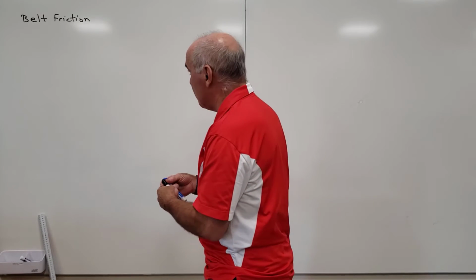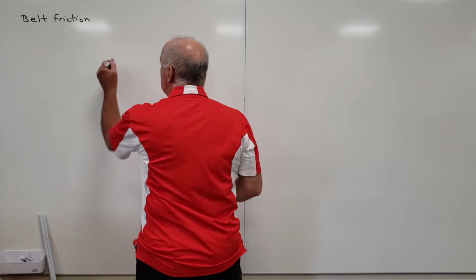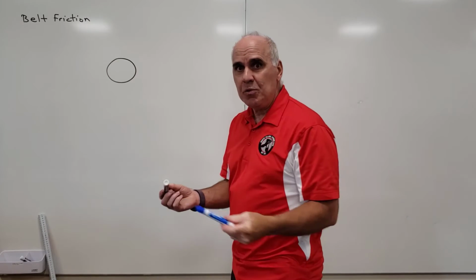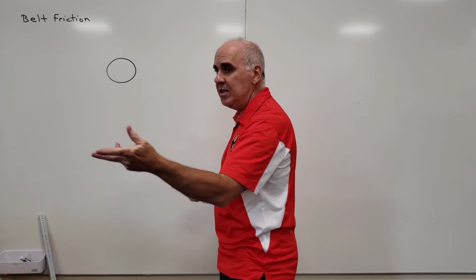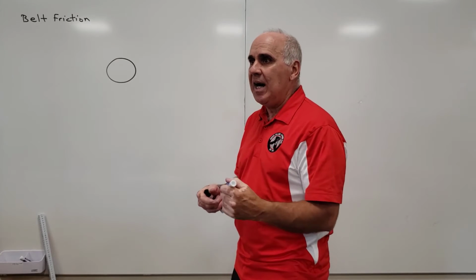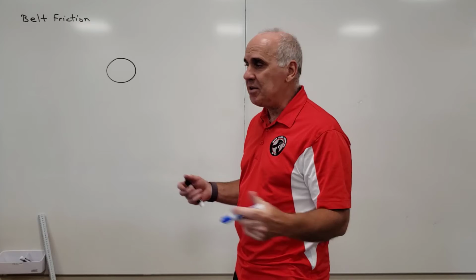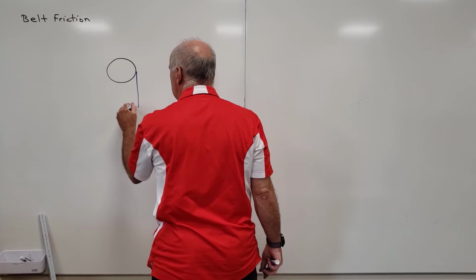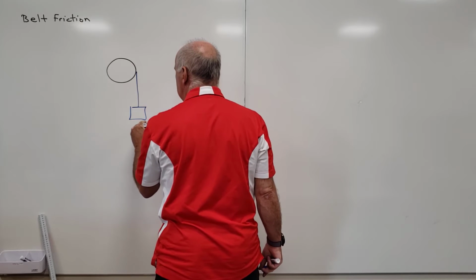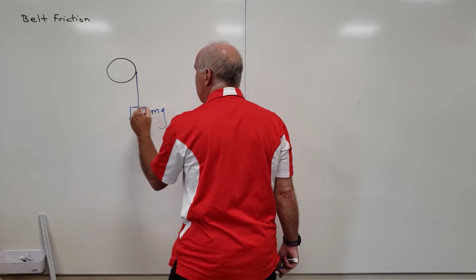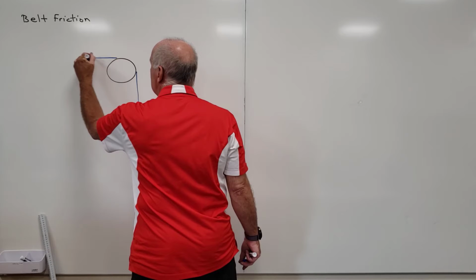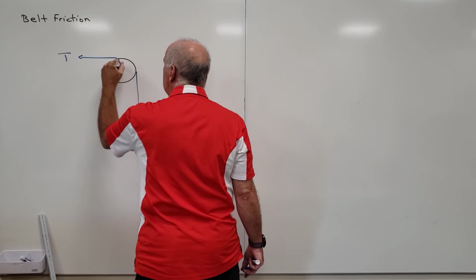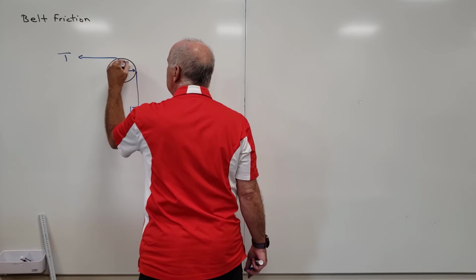So in general, if this is the cylinder around which that string is wrapped, or this could be the belt on an engine of some type, like in your car, in our scenario we had some weight here, which I'll label mg, and then some tension over here, and an angle in here, theta.